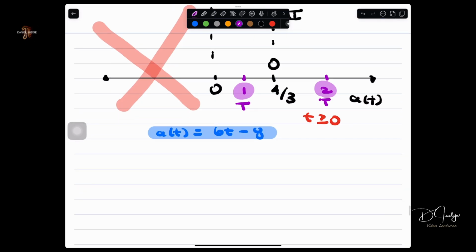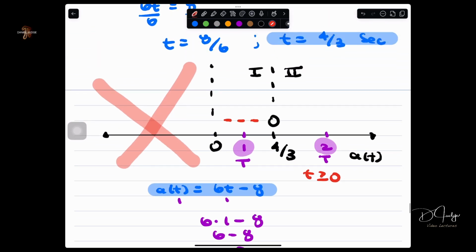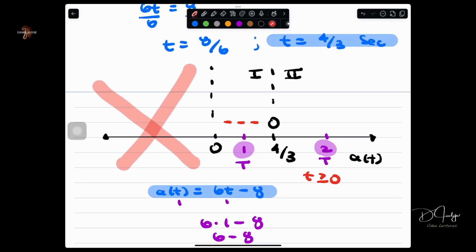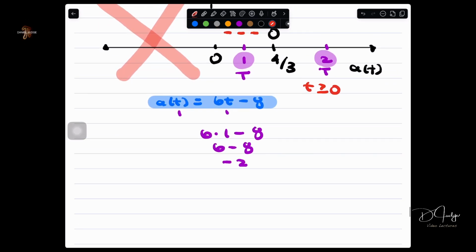So when t is 1 now, you get 6 times 1 minus 8, which is 6 minus 8. That is -2. So in region 1 there, acceleration is actually negative. So the particle is being pulled to the left for those values there between 0 and 4/3.